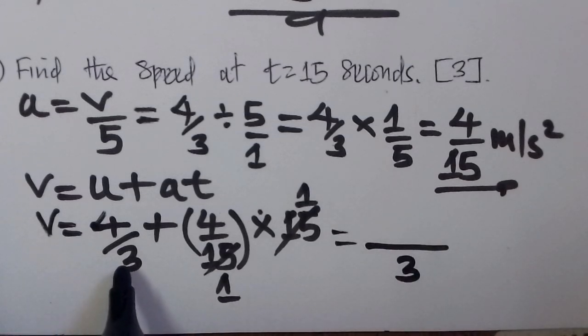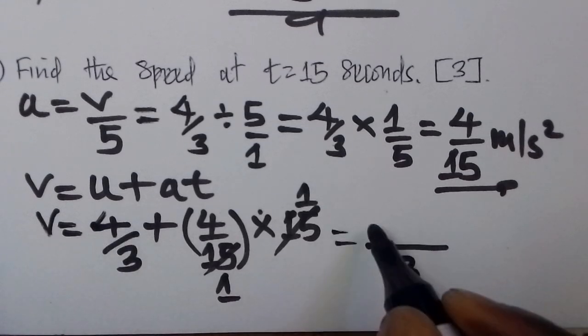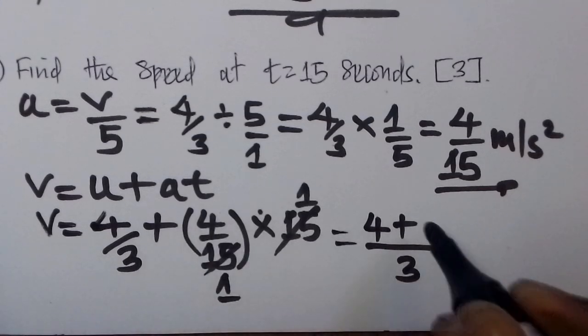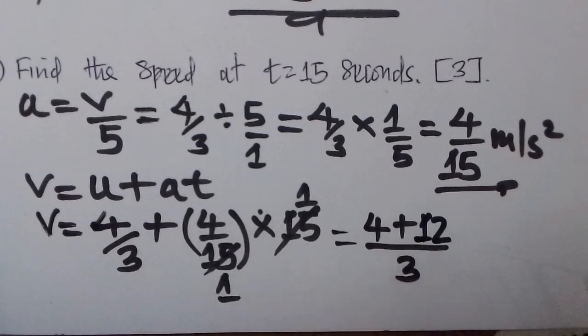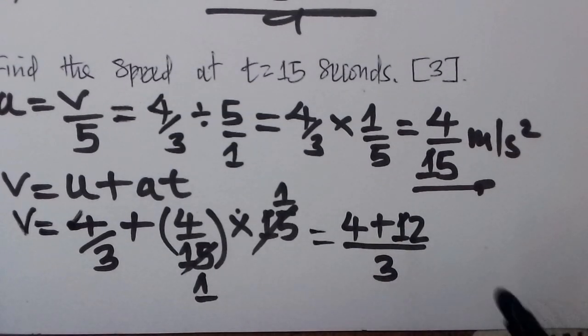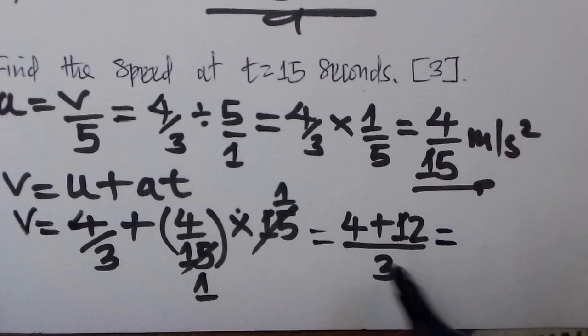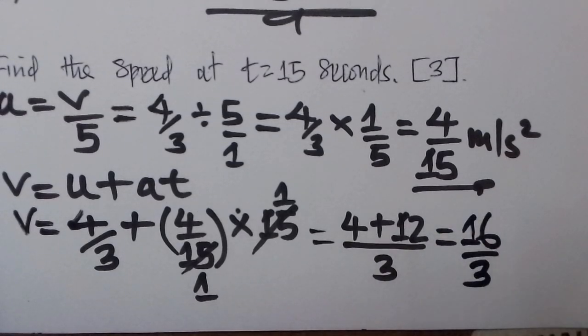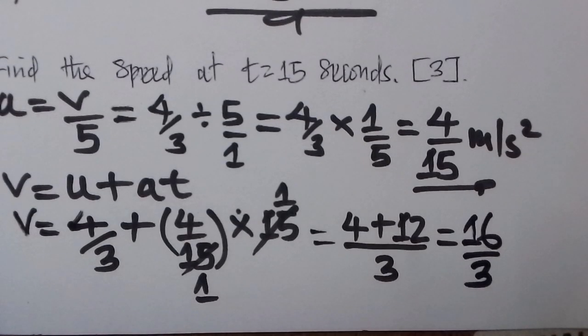And then 3 into 3 is 1. 1 times 4, we get 4 here, plus 1 into 3 is 3. 3 times 4, this gives us 12. And working out the addition, this will give us 16/3.